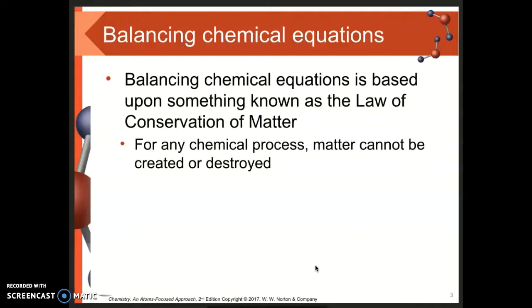And so the law of conservation of matter, in our particular case, looking at chemical reactions, means that every single atom of every single element has to be present both before the reaction began and after the reaction concluded. And that's why we have to have balance in our chemical equations. We can't just have any kind of arrangement of reactants and products. There has to be a balance. There has to be a leveling there.